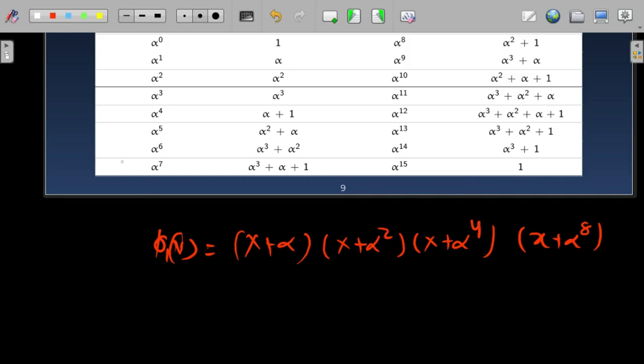Alpha has conjugates alpha square, alpha 4 and alpha 8. These four are conjugates of each other, so using this we can calculate it.